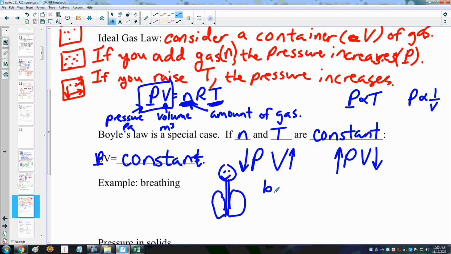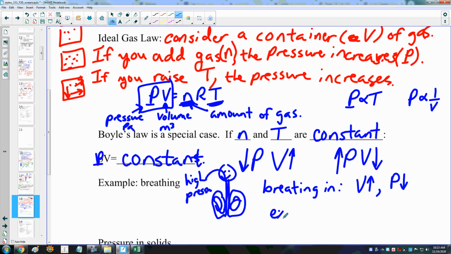And so when you're breathing in, when you're inhaling, the volume of your chest cavity is going up. That means that the pressure inside of your chest cavity is going to go down, and then high pressure air, which is outside of your body, will rush into your lungs and fill this space with air.